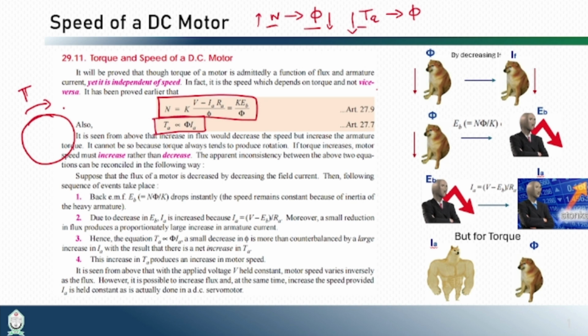That means if we apply some torque to a rotating body, it will start rotating. That means after applying torque, it will have some rotational speed. So if we apply torque, we get speed, which implies if torque is increased, the rotational speed should increase, or the other way around. If the rotational speed is increased, that means we have added torque here. So these two should have a proportional relationship.